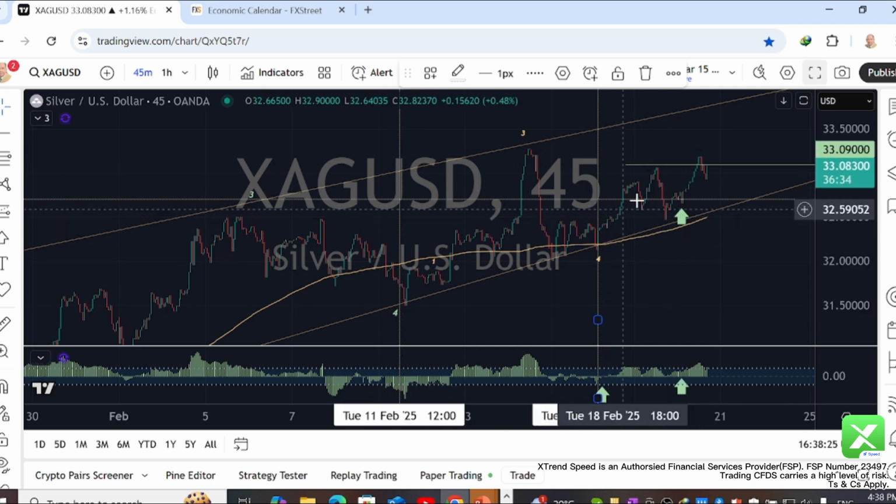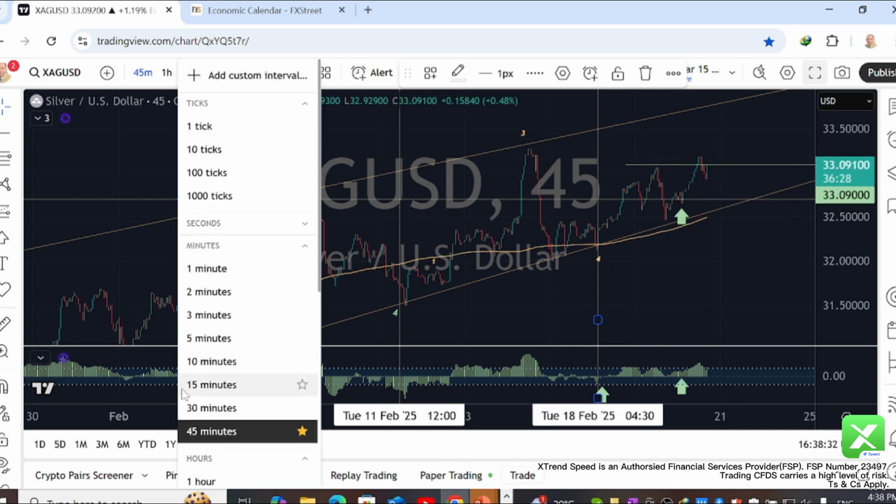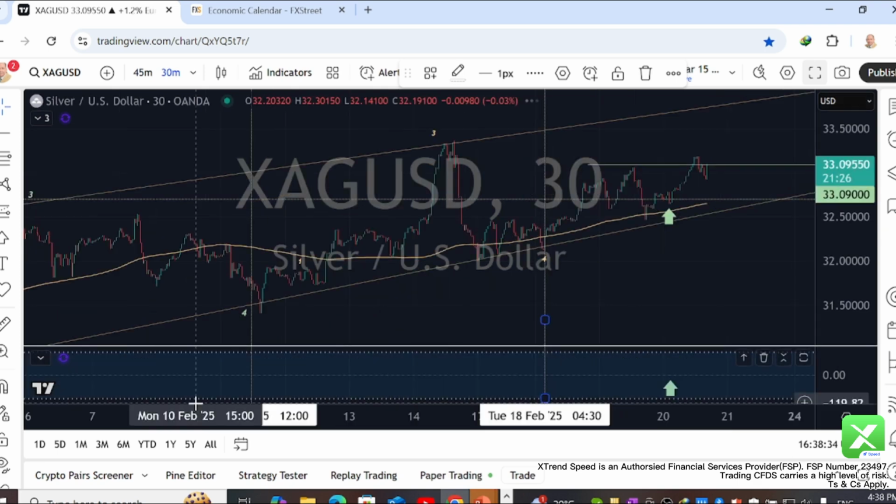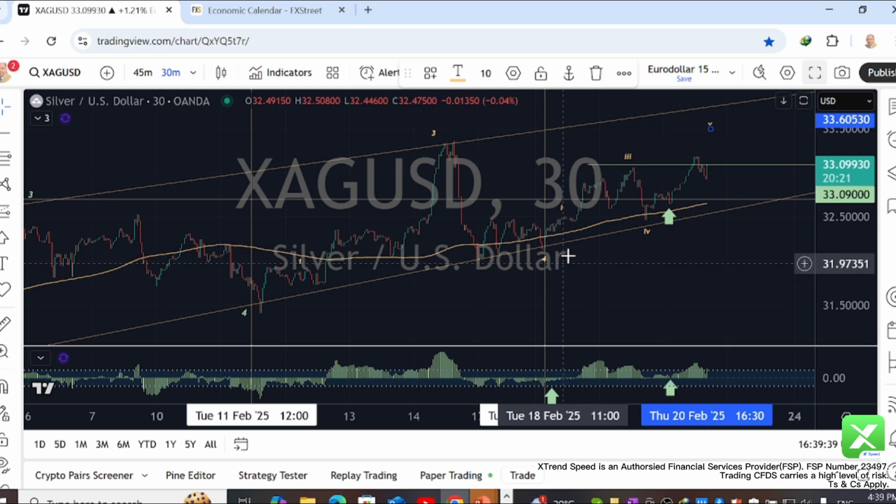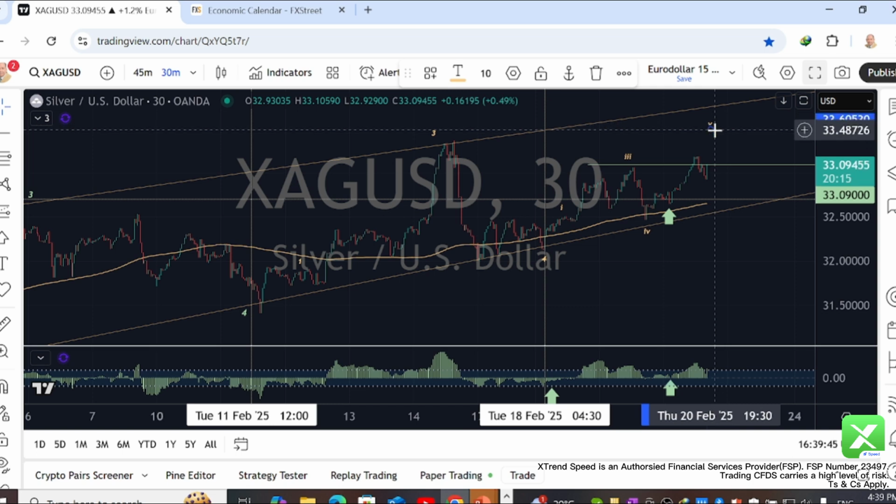We now can take this to the minutes to segregate the internals, but it shows a 1 and a 2, 3, 4, and we're just getting a 5. So let's take it to smaller frames. So this becomes a high degree 1 at that point, and we have 5 swings. We're not yet done in 5.